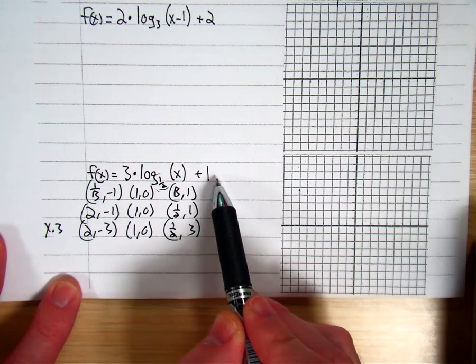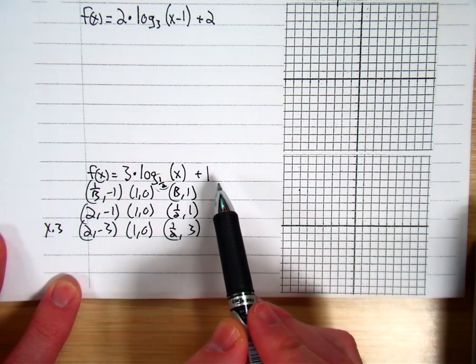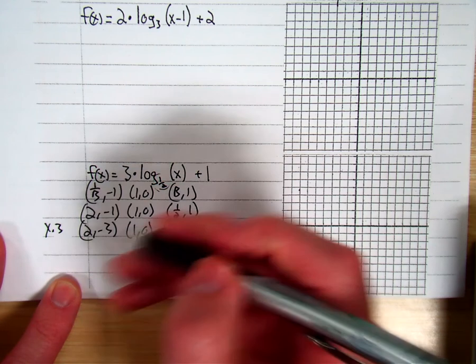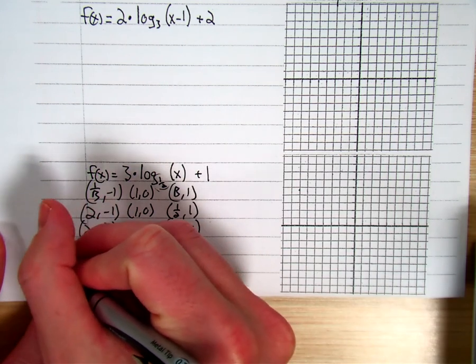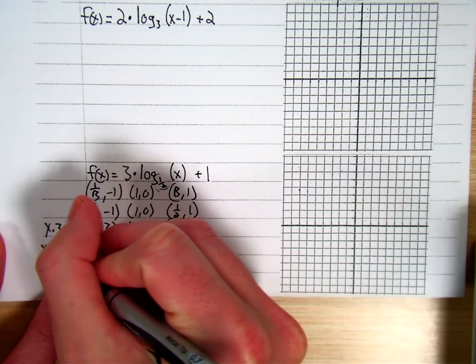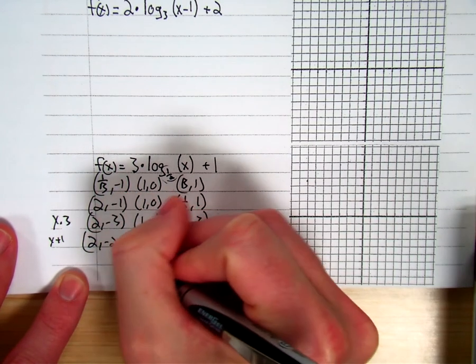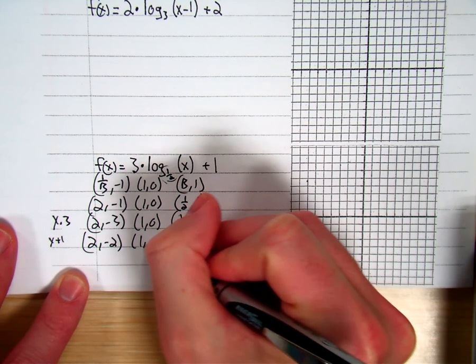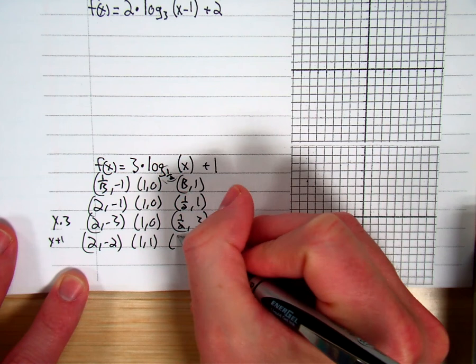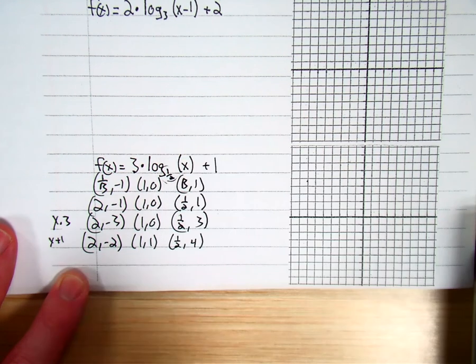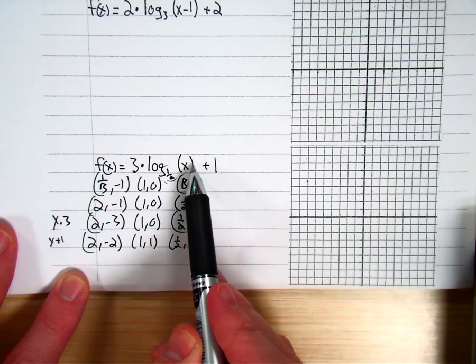All right, now we don't have any horizontal change, but we do have a vertical change for a plus 1 there on the y's. So we're just going to do y plus 1s. 1, comma, 1, half, comma, 4.